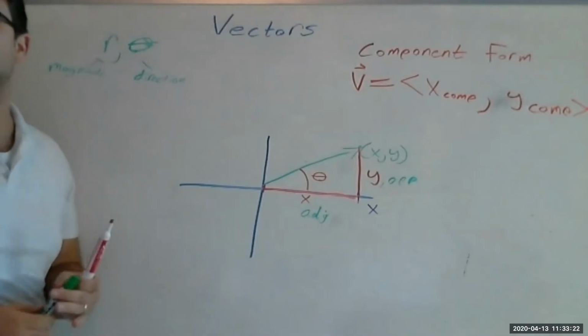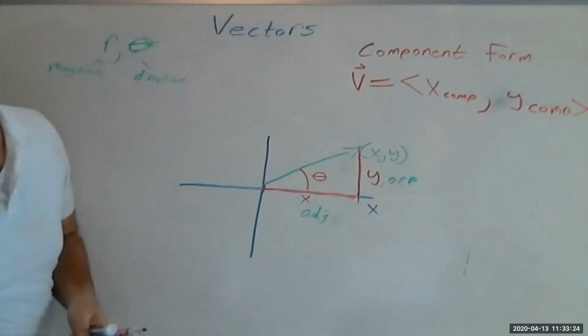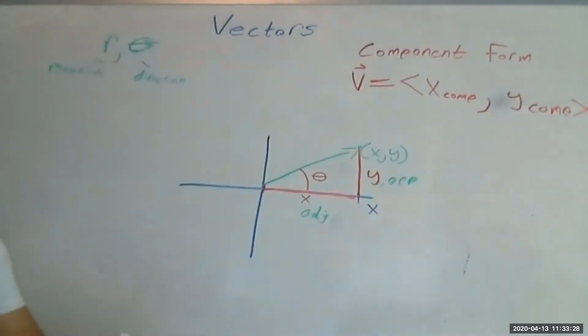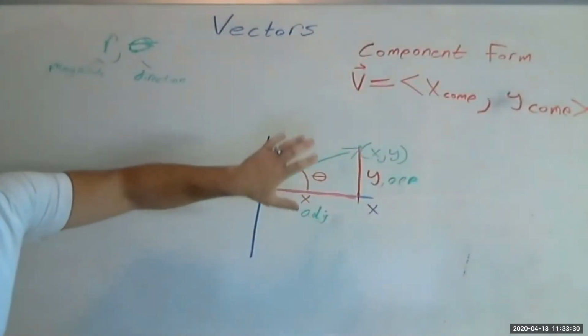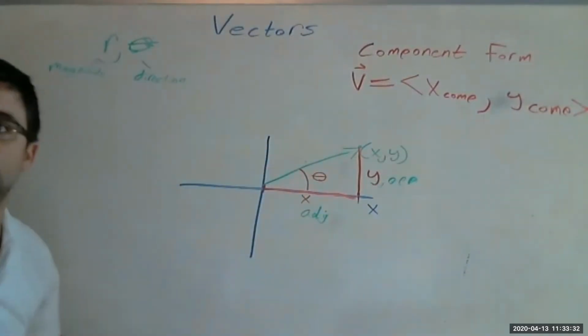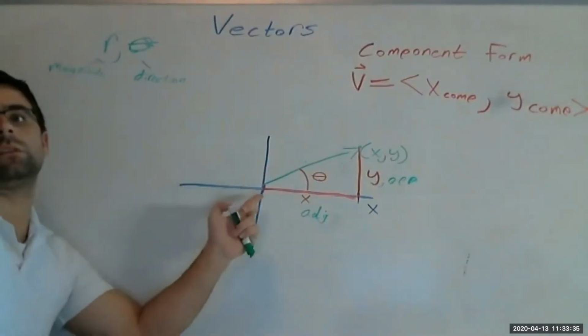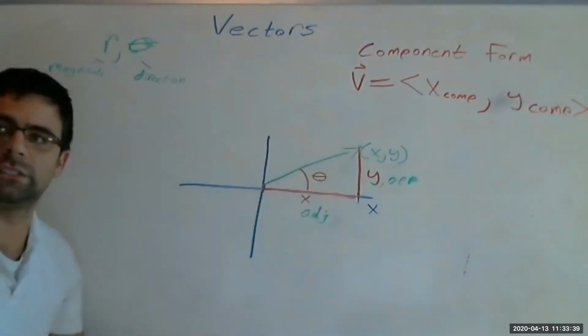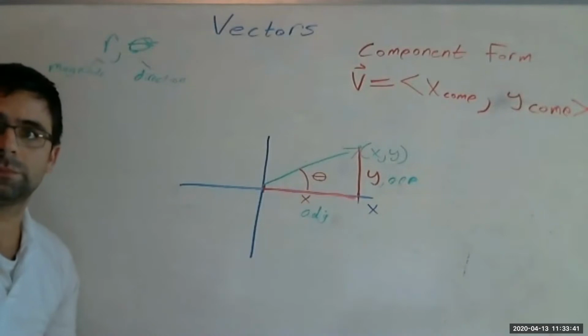It's a little bit simpler to talk about because it's as basic as this little picture right here, where the length in the x direction is the x component, the length in the y direction is the y component.